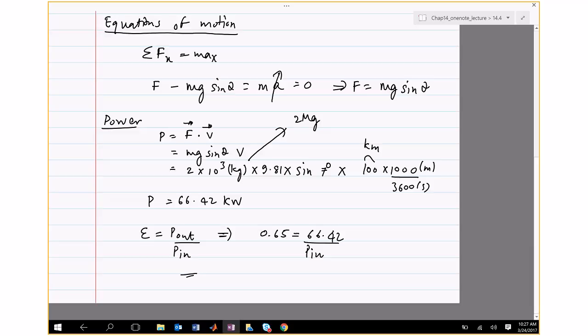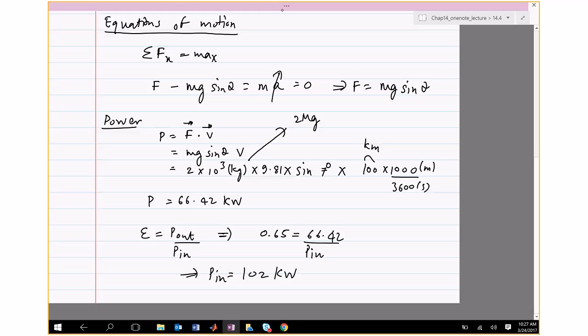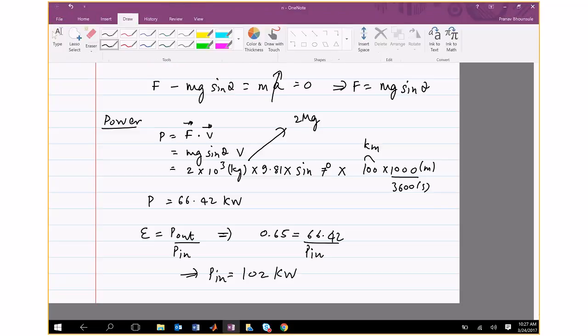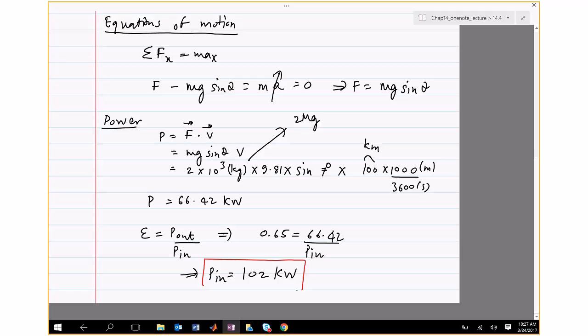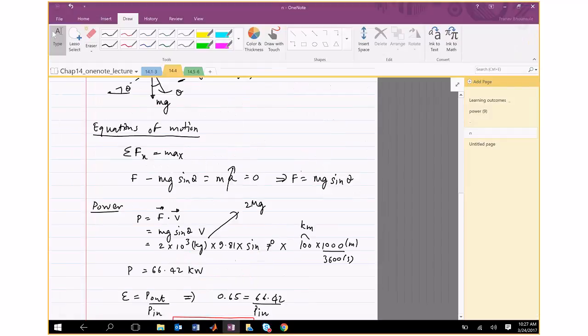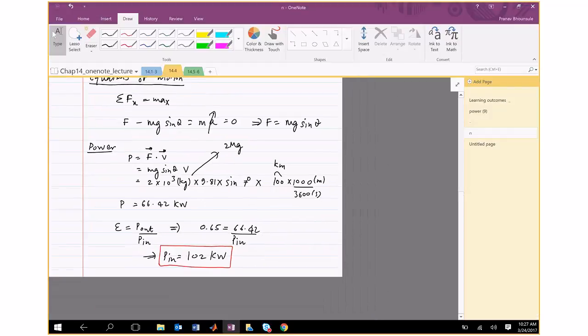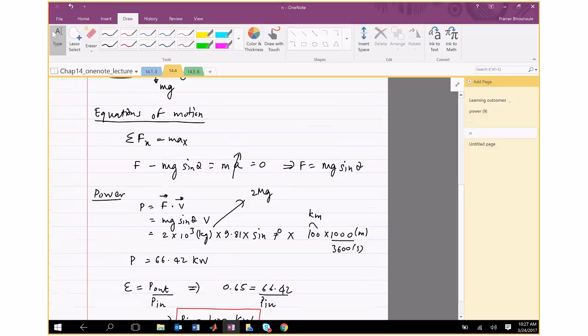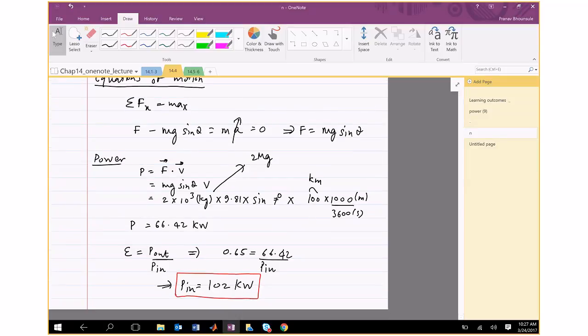So from that, P in is about 102 kilowatt. So that's the answer. Okay, any questions on this? No question. This is fairly simple.